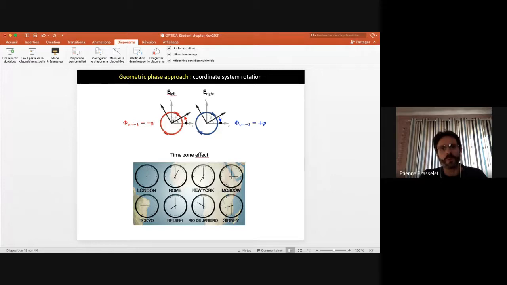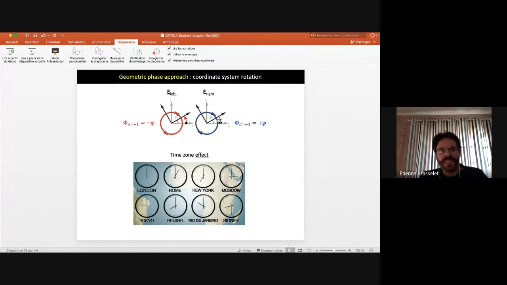So you go from the gray frame to the dark frame by an angle phi. If you look at the phase in the reference frame of your choice, depending on the right or left circular polarization state, the phase that you will read, if you have a phase meter in your hands, will differ by twice the angle of the rotation phi between the two polarization states.